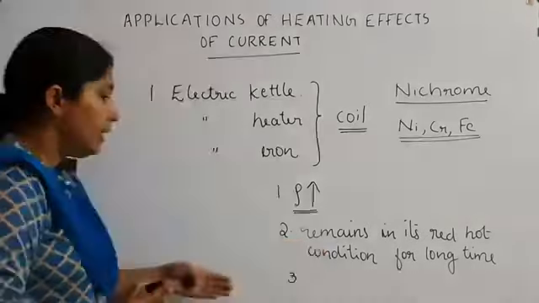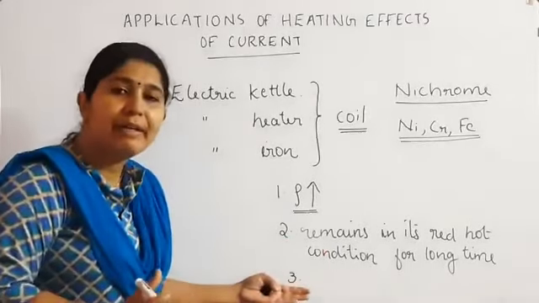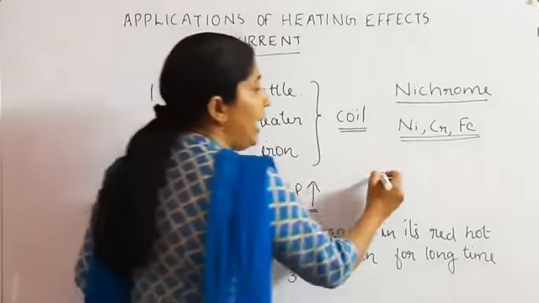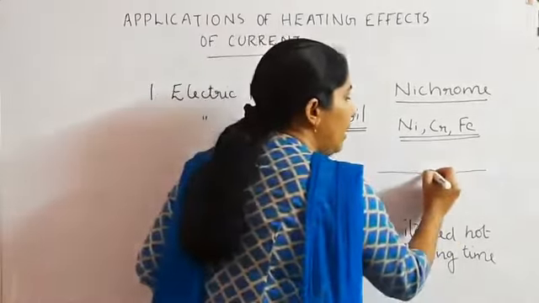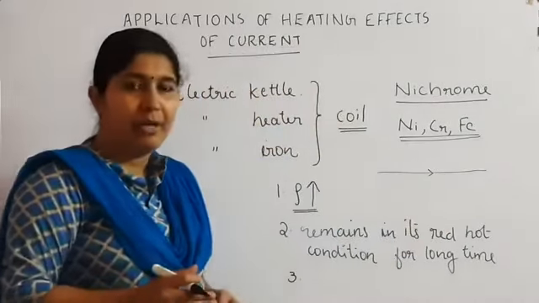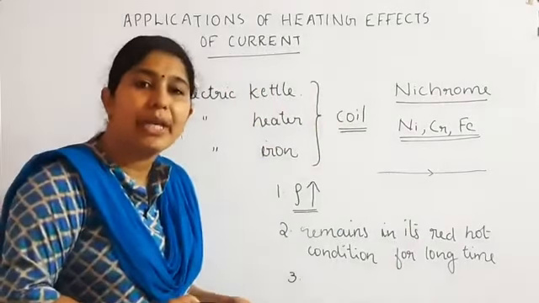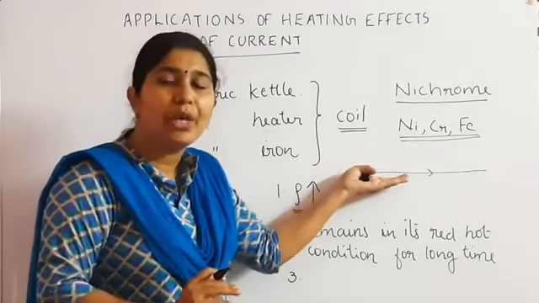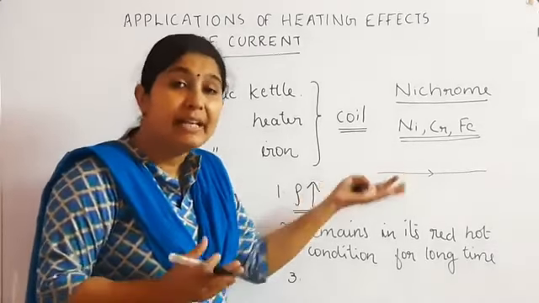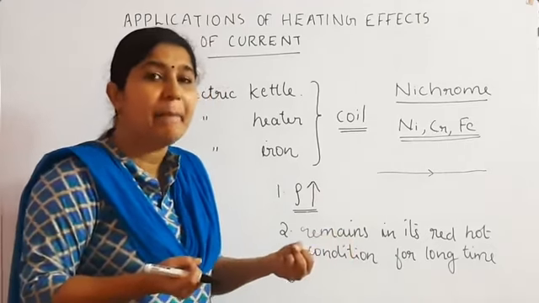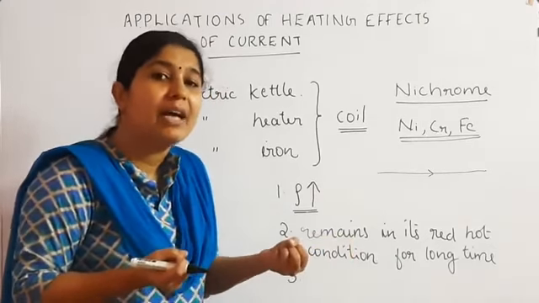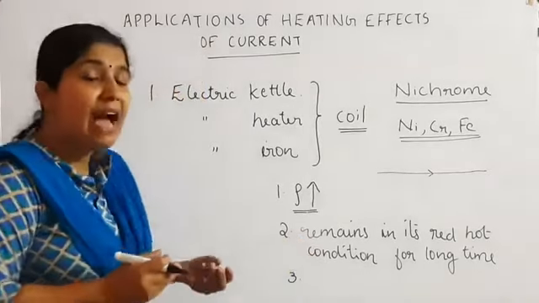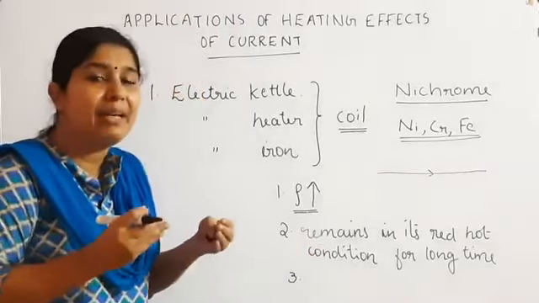Then the third point is, when current is passed through this nichrome wire, it becomes red hot but does not undergo any melting. It has the capacity to withstand high temperature, that is, it has a high melting point.